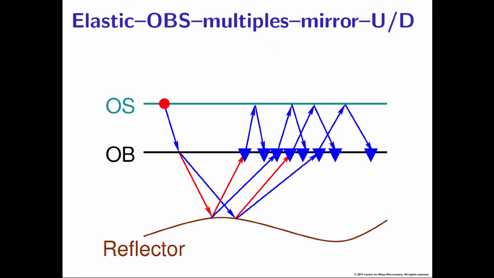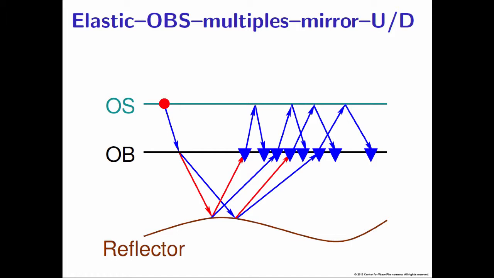Now our first question is, how can we get multiples and primaries separately from the OBS data? From this cartoon, we can see that primary waves, when they hit the ocean bottom, are outgoing waves. The multiple waves are downgoing waves.